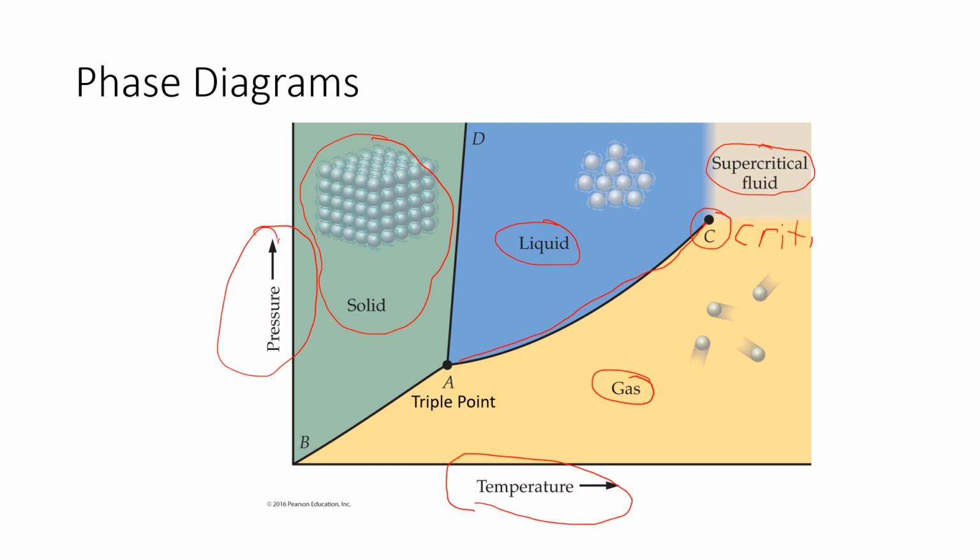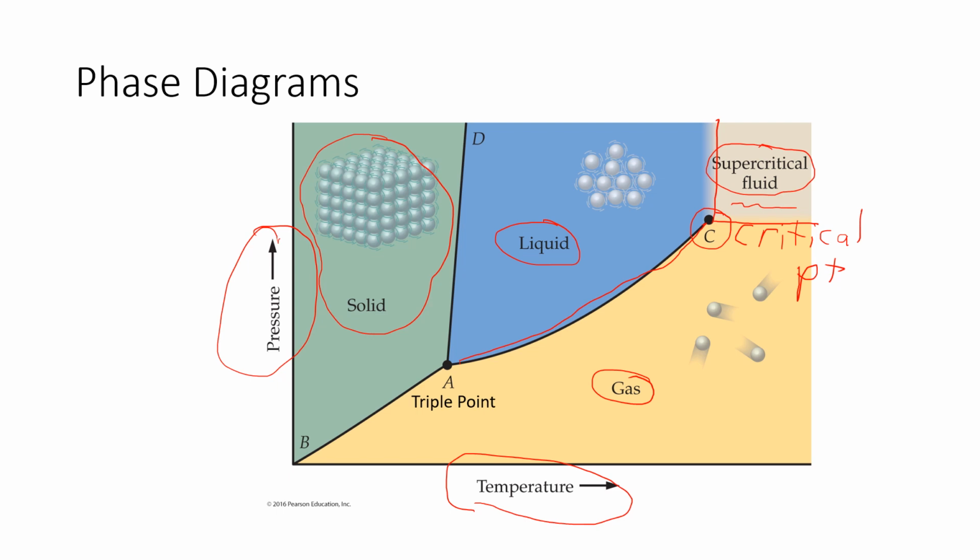Let me go ahead and write that in. That's the critical point. At temperatures and pressures above the critical point, so here are the temperatures above it, and here are the pressures above it, anywhere in this area marked supercritical fluid, that will be the state of matter that exists.